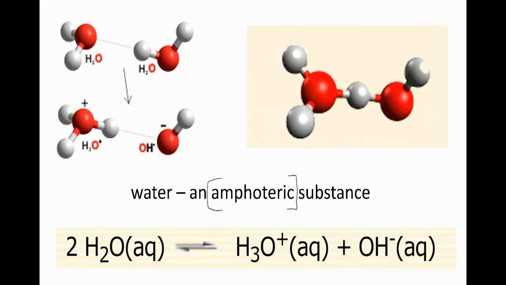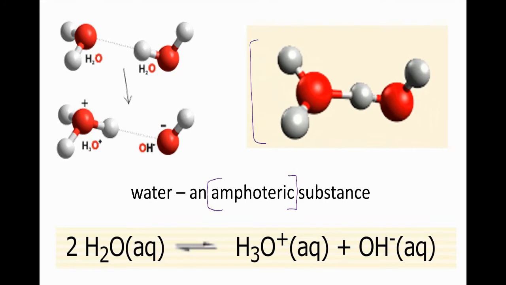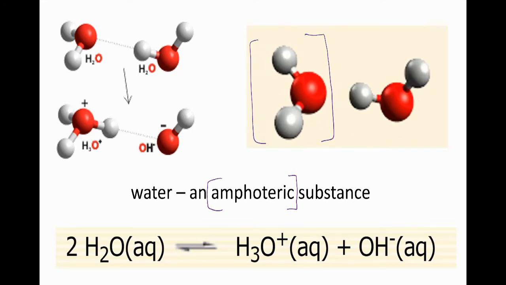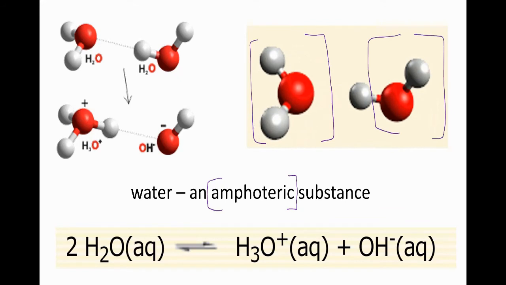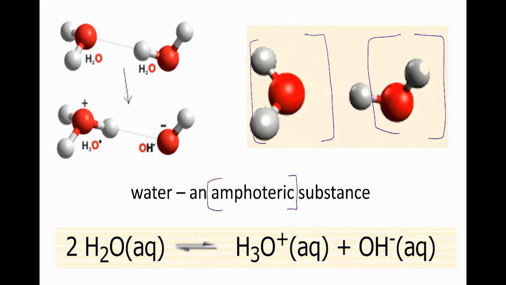And so when you take two water molecules together, if you'll watch this one on the left here, he's going to be accepting a proton, all right? So he's acting as a base, accepting a proton, and then the water molecule on the right is acting as an acid and donating his proton to the other water molecule.